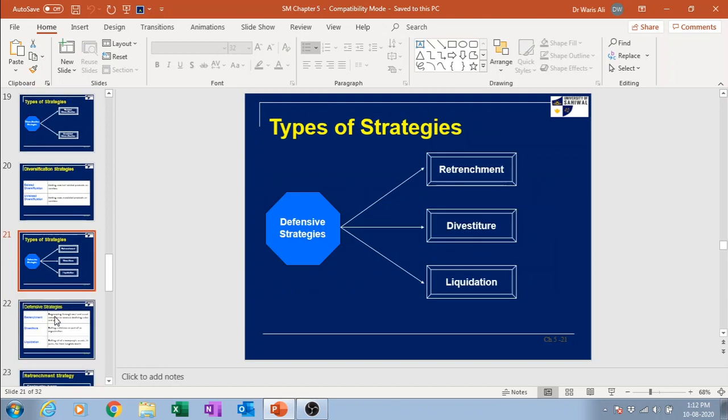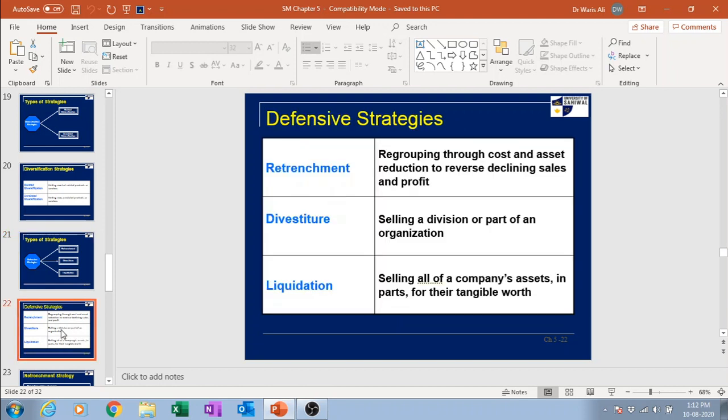Then we have certain defensive strategies. Defensive strategies include retrenchment, divestiture strategy, and liquidation strategy. Firstly, we need to discuss divestiture strategy. If you are selling all the units of your company, selling all of the company's assets in parts for their tangible worth, then it is called liquidation strategy.